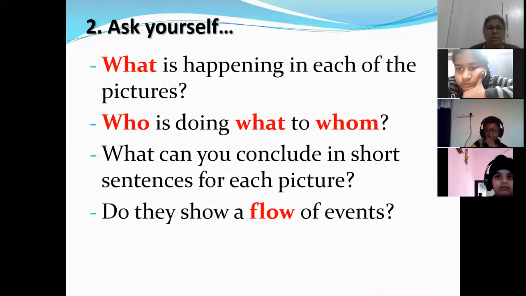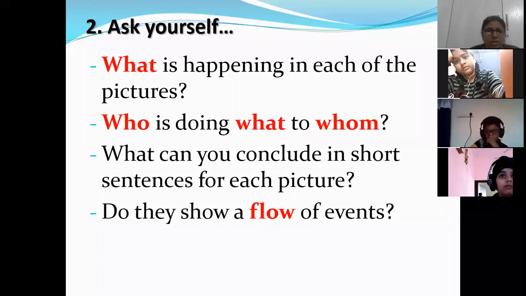Now the second point is, when you are writing a picture story, you have to ask yourself what is happening in each of the pictures, who is doing what to whom, what you can conclude in short sentences for each picture, and whether they show a flow of events.